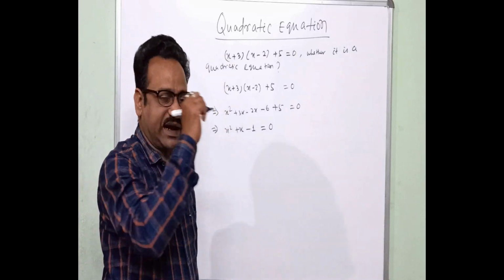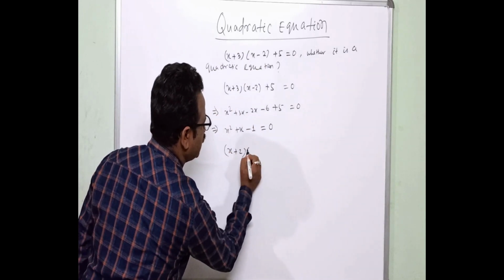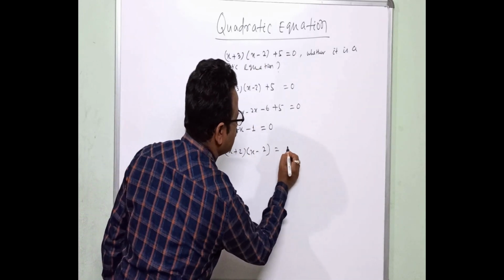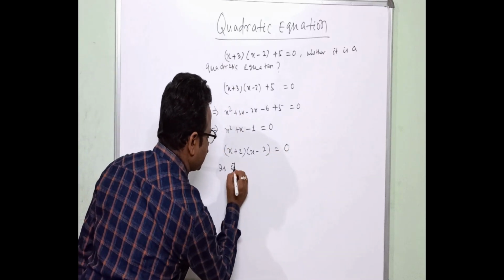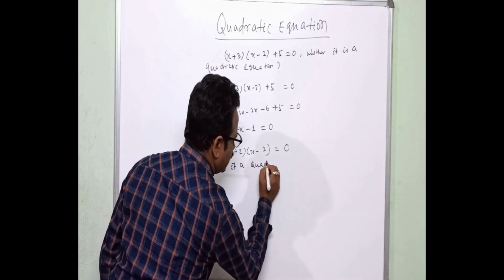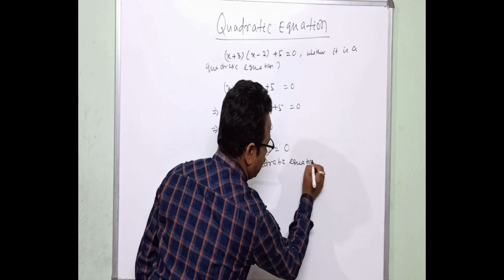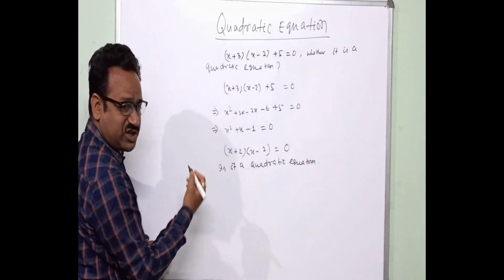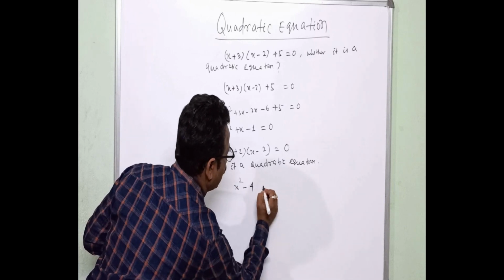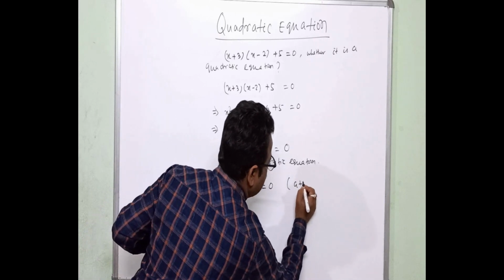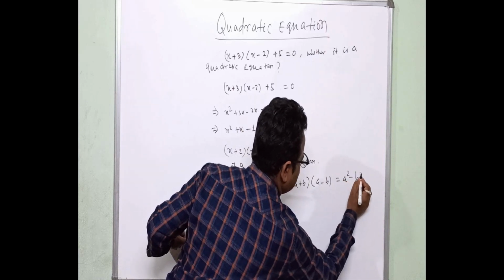Now, take another example. Suppose given (x plus 2) into (x minus 2) is equal to 0. Is it a quadratic equation? By solving it, we get x square minus 4 is equal to 0, because we know (a plus b) into (a minus b) is equal to a square minus b square.